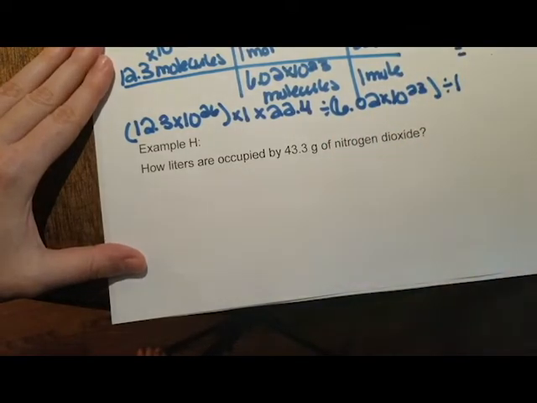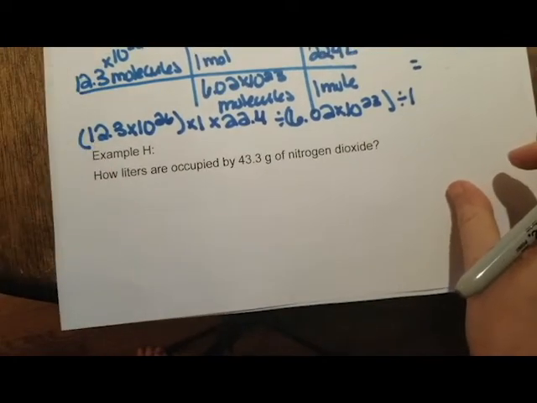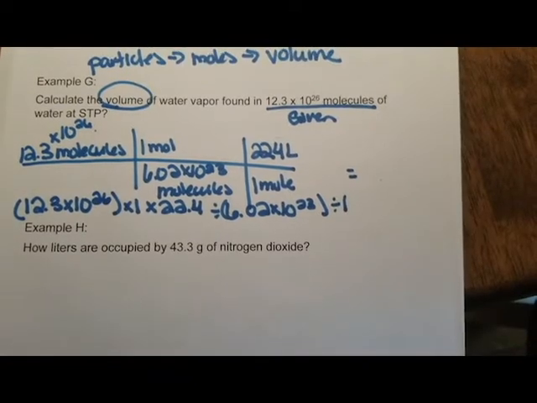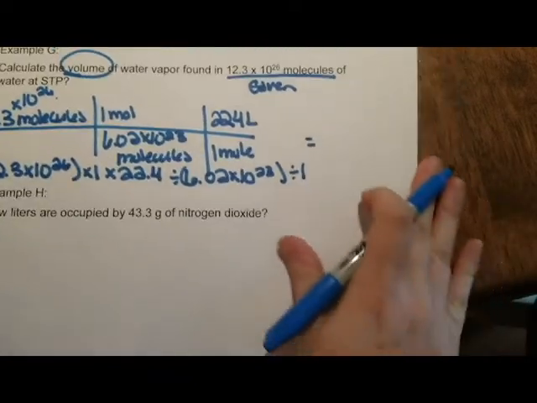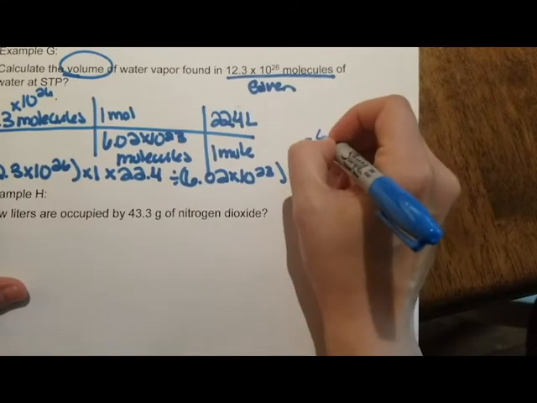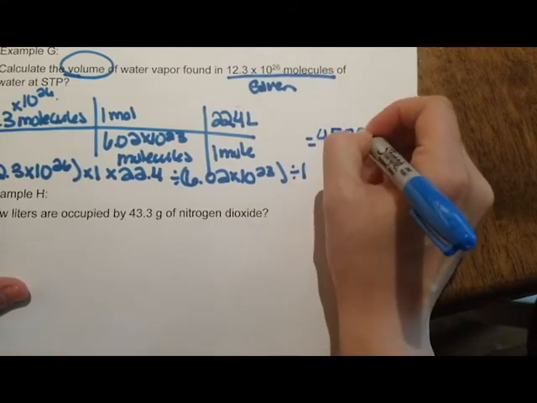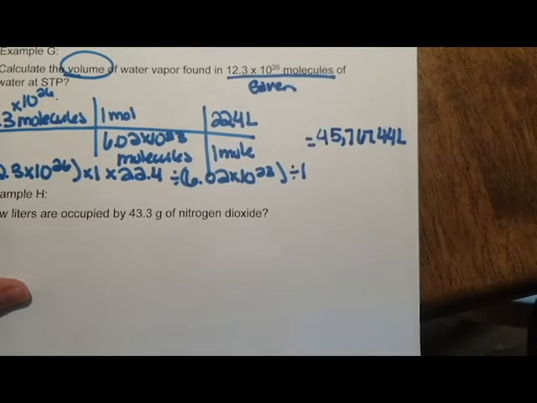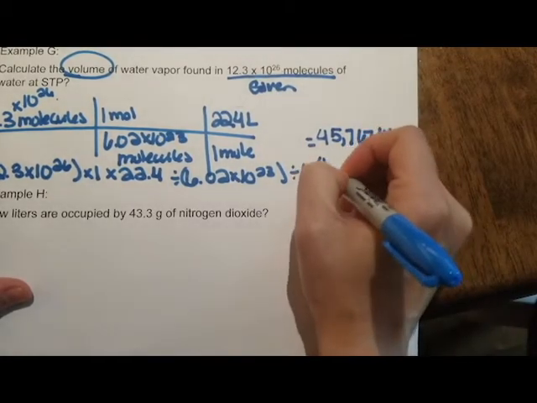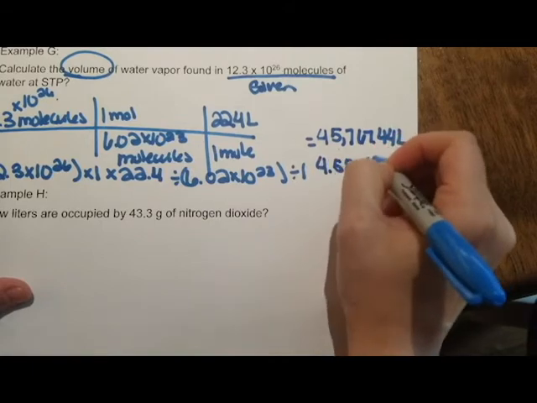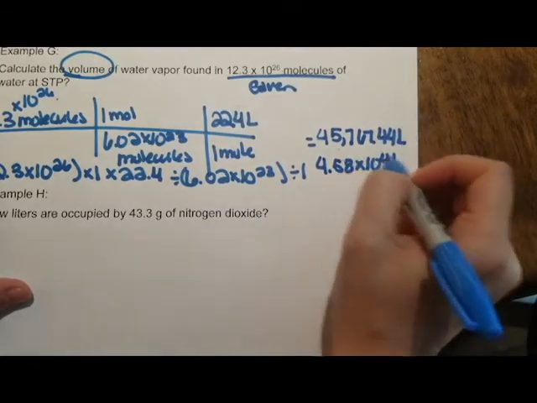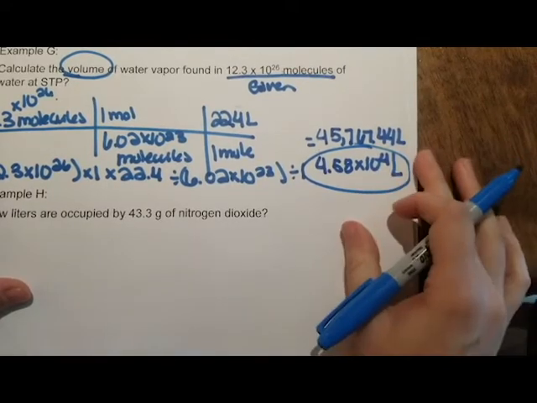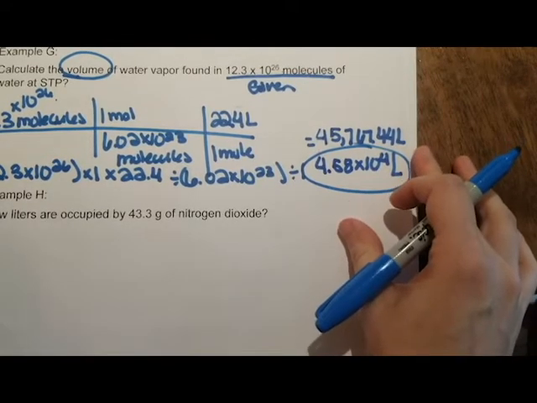And when I plug all of that in, through the magic of TV, I got 45,767.44 liters. If I were to convert that into scientific notation, that would be 4.58 times 10 to the 4th liters. You do not have to convert to scientific notation, but it's just my preferred way of writing things.